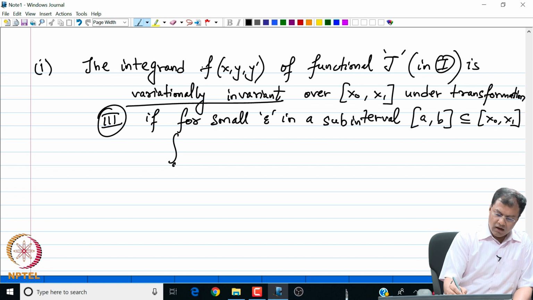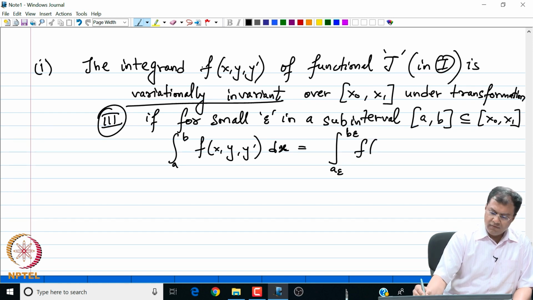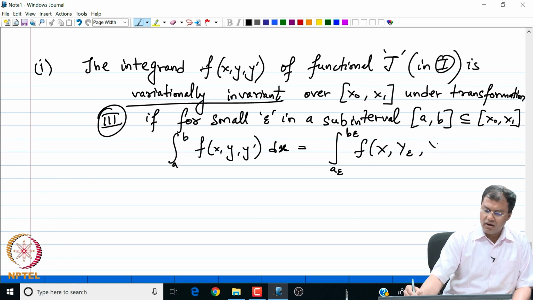my integral of a to b of f of x, y prime dx is the integral of a epsilon to b epsilon of f of x, y prime, y epsilon dot of dx.